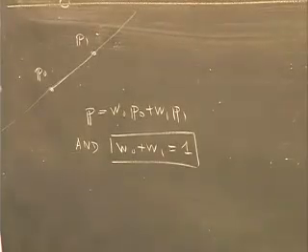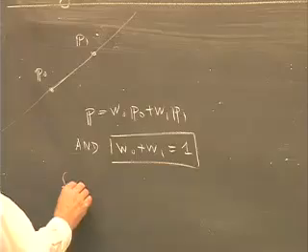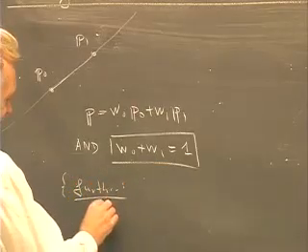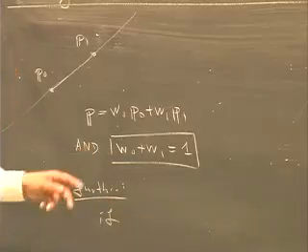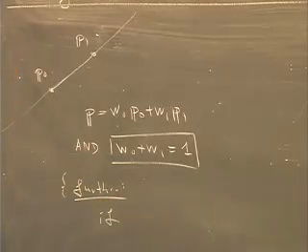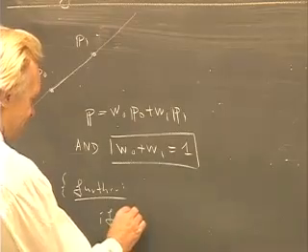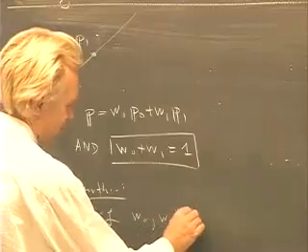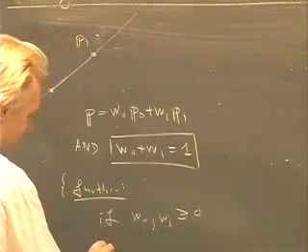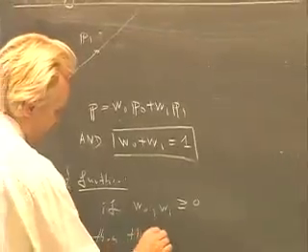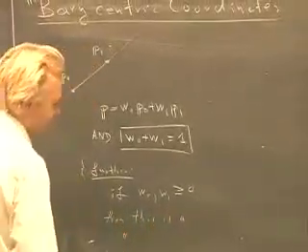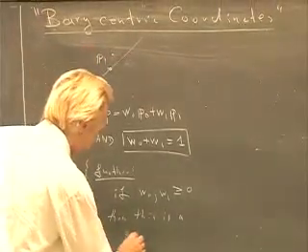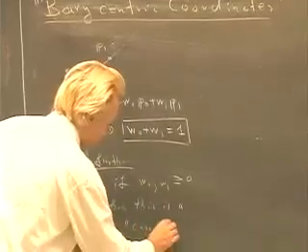Now, further, one says this is a convex combination if the weights are also both greater than or equal to 0. If weight 0 and weight 1 are both greater than or equal to 0, then this is a convex combination, and it would only define points on the line segment.